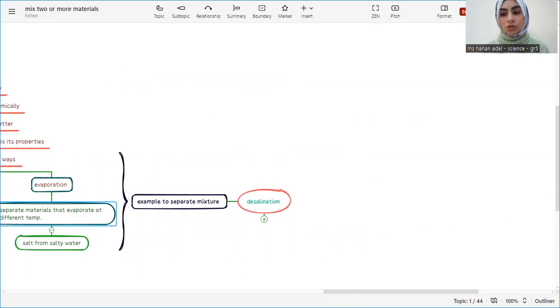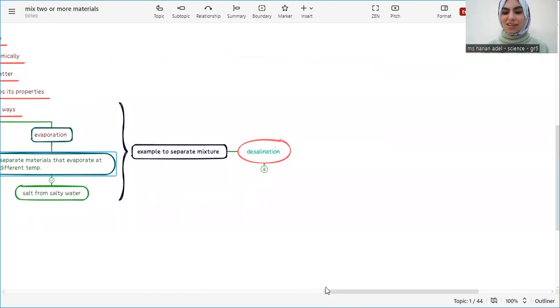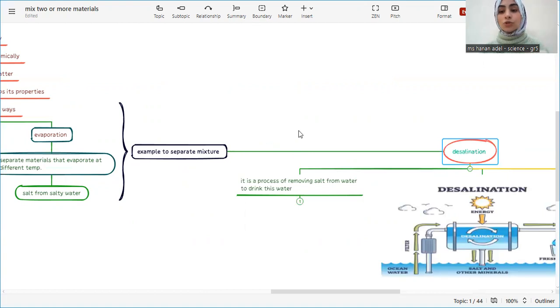We need to drink the seawater because it's a big amount of water on Earth and we don't have a lot of drinkable fresh water on Earth. So we have to clean it so we can drink it. The process of cleaning this water to drink it, we call the desalination process.